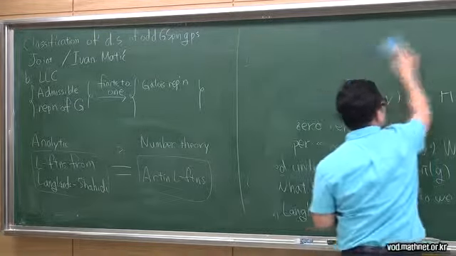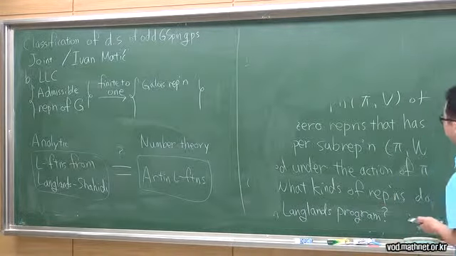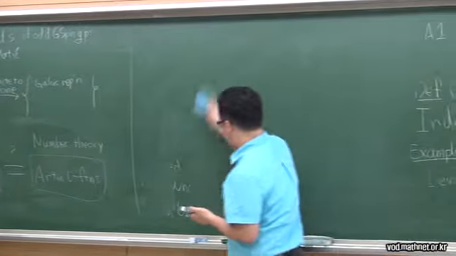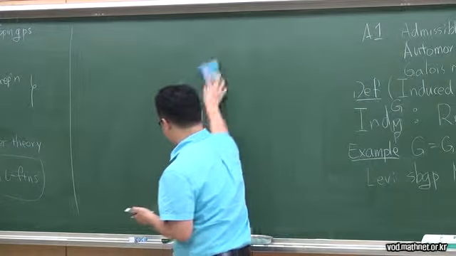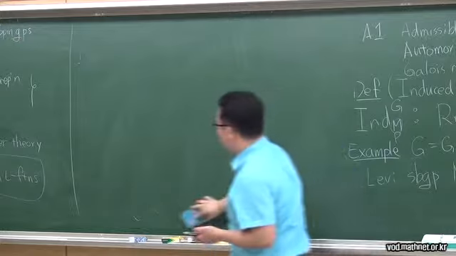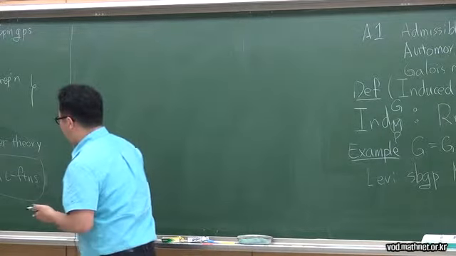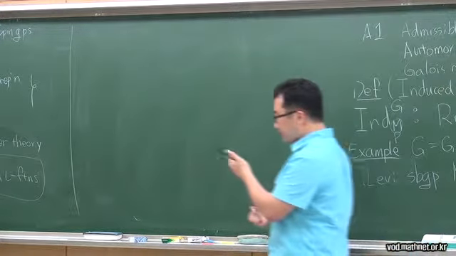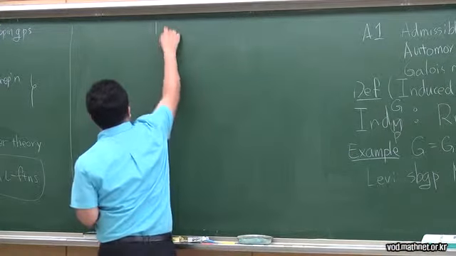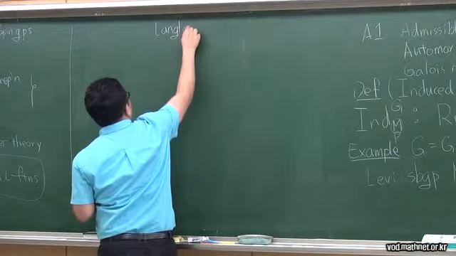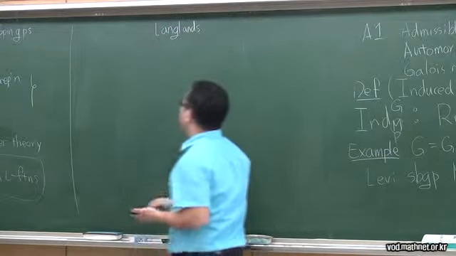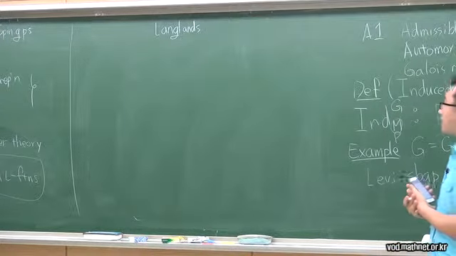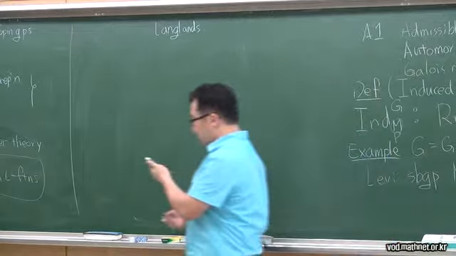Before we go into the main subject, the classification of discrete series representations, let me explain a little bit about the Langlands program. This is a kind of continuation of the previous talk. This idea is from Langlands's letter to Weil.